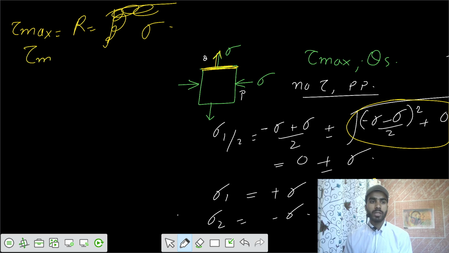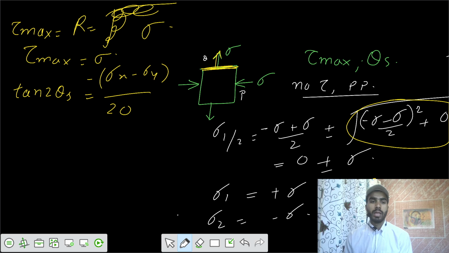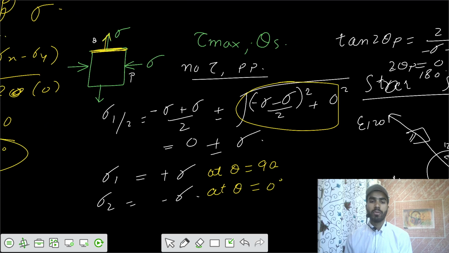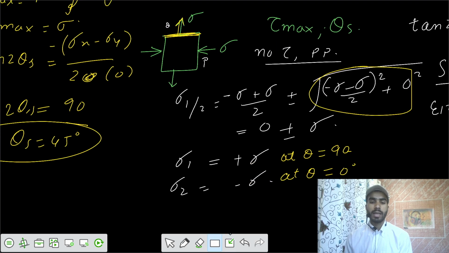Your maximum shear stress equals sigma, and for the location, tan 2 theta s equals minus sigma x minus sigma y by 2 tau xy. Tau xy is 0, so we got a value of infinite, that is 90 degrees for 2 theta s. That means theta shear is at an angle of 45 degrees.